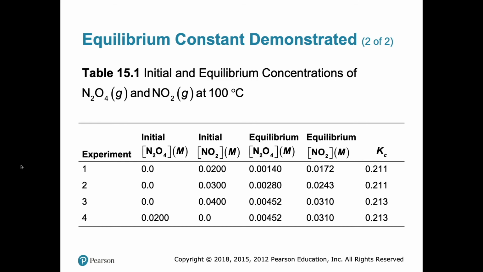Again, we have the initial and equilibrium concentrations of the dinitrogen tetroxide gas and the nitrogen dioxide gas at 100 degrees Celsius. So here in the first three experiments, we've got no initial concentration of N2O4, it's actually 0.